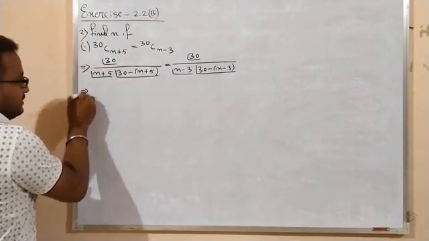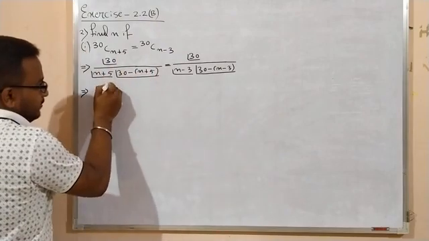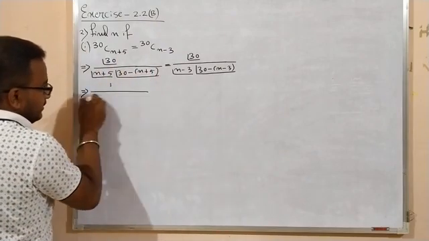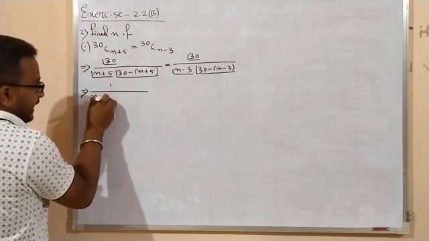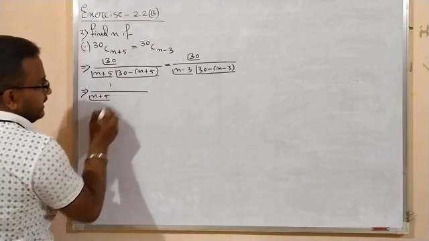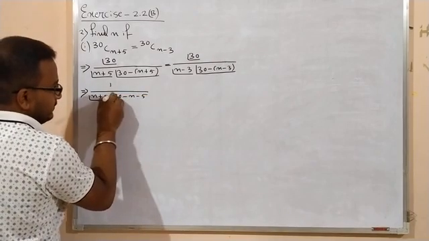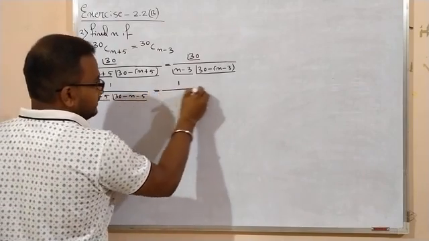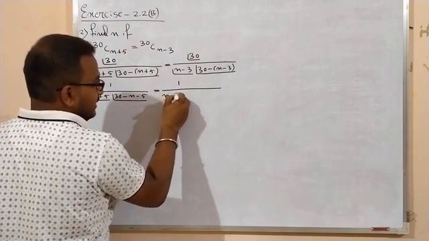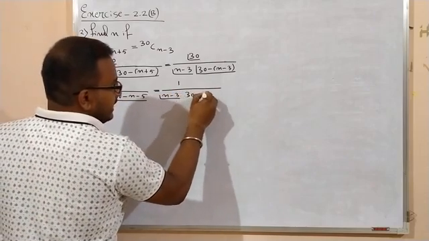Now this implies, we see factorial 30 cancel each other. So it will be 1 by factorial n plus 5 and factorial 30 minus n minus 5. This implies it is 1 by factorial n minus 3, so it is factorial 30 minus n plus 3.